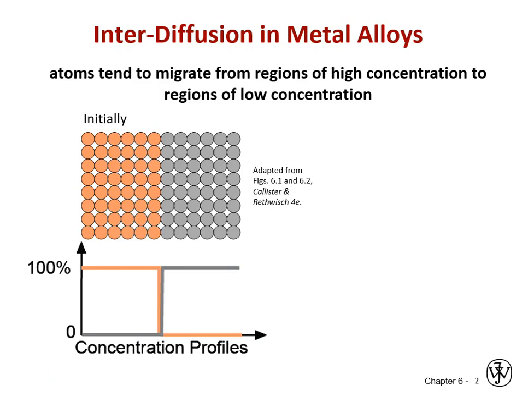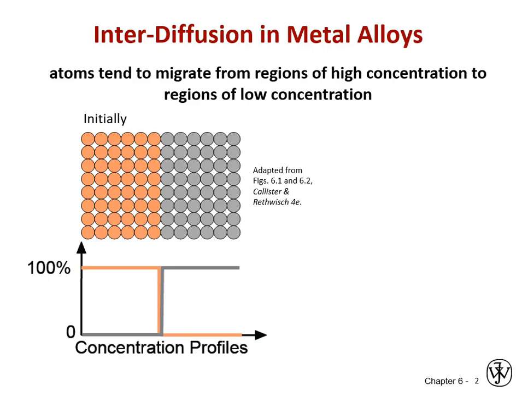So imagine that we have two bars of metals, say, we'll use copper and nickel again because we know they're very soluble. So assume that in this diagram we have a cube of copper to the left and a cube of nickel to the right, and we're looking at it in cross-section, and the interface between the two is where the two cubes meet.